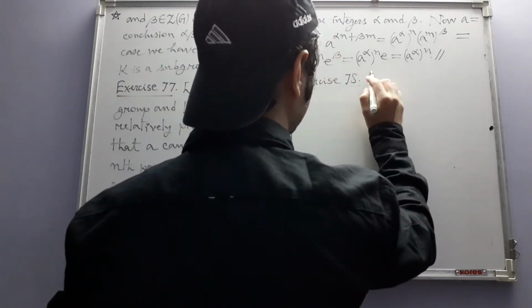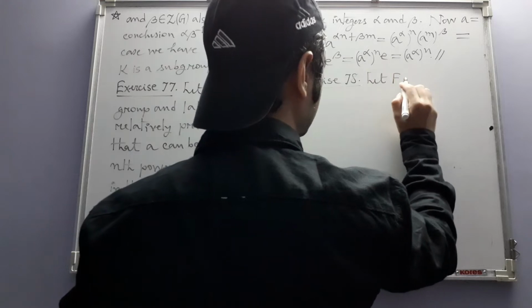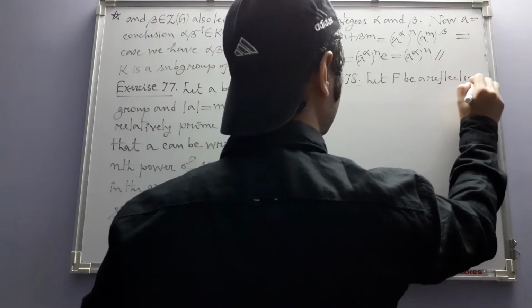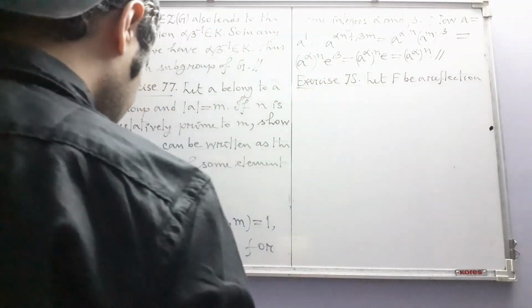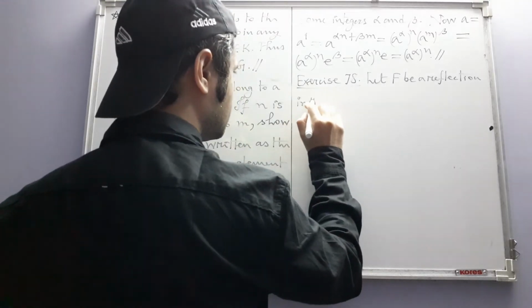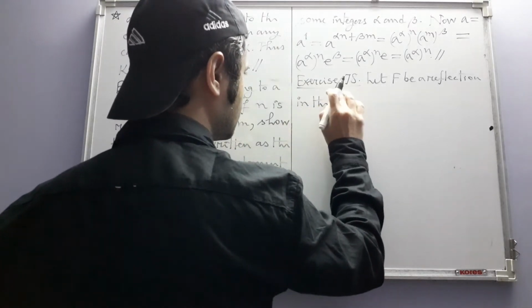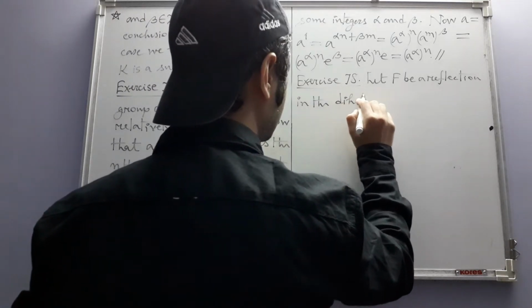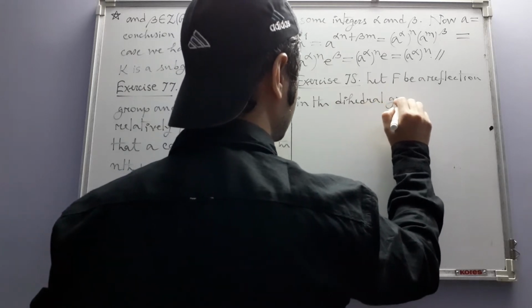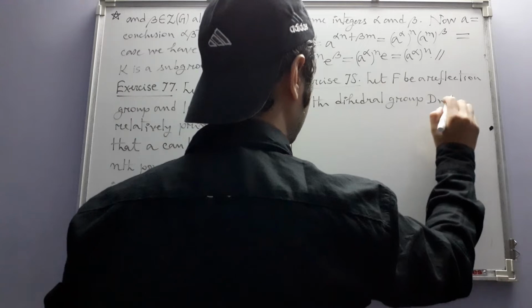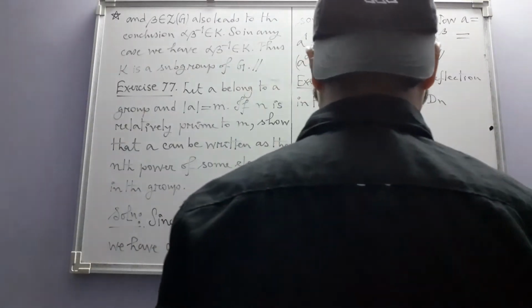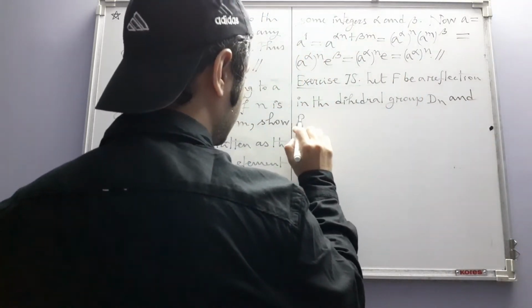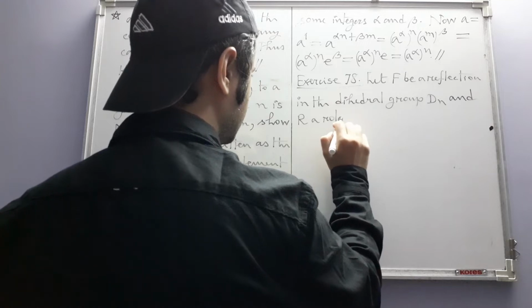Let F be a reflection in the dihedral group Dn and R a rotation in Dn.